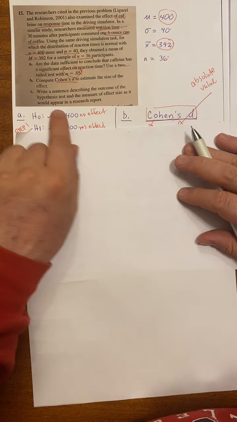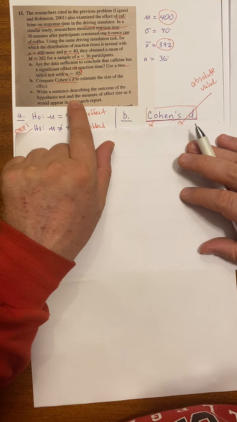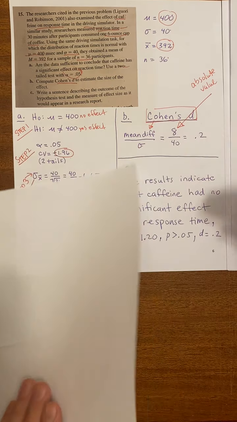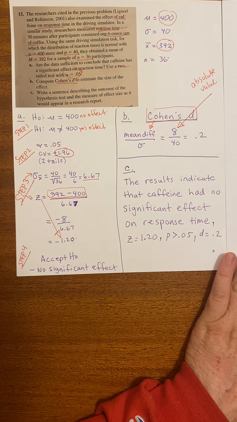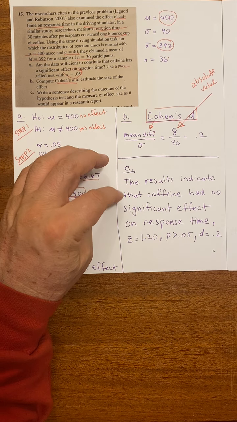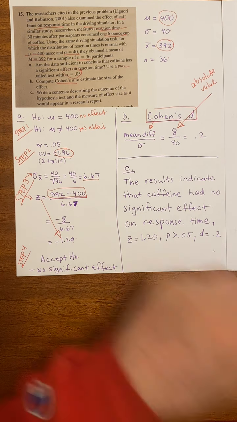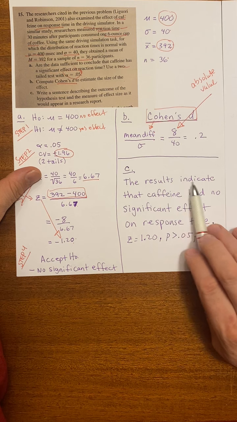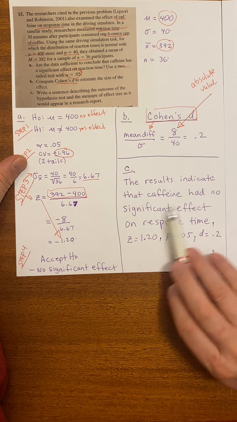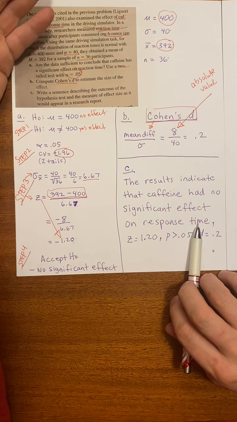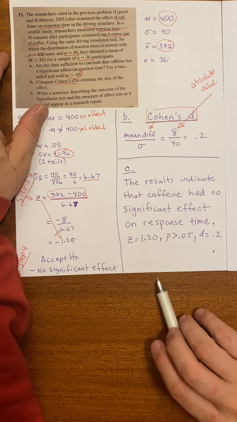Okay, so write a sentence describing the outcome of the hypothesis test and the measure of the effect size as it would appear in a research report. Here, basically, the way that we would write it up, if we were to write this in a report, is we'd say, the results indicate that caffeine had no significant effect on response time, right? It didn't cause it to change in any significant way.